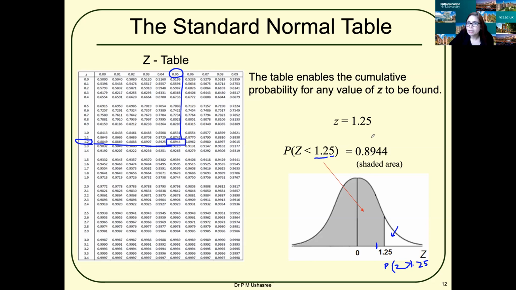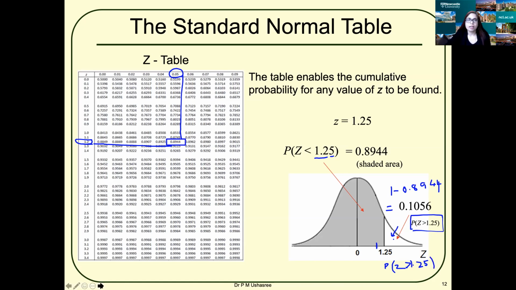So this region is 1 minus 0.8944, which is nothing but 0.1056. And what is that? Z greater than 1.25. The probability of finding a standard score Z greater than 1.25.